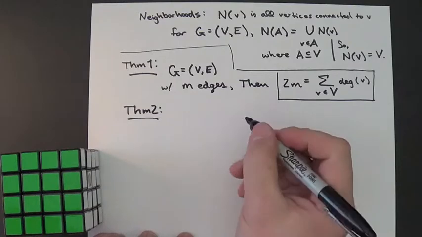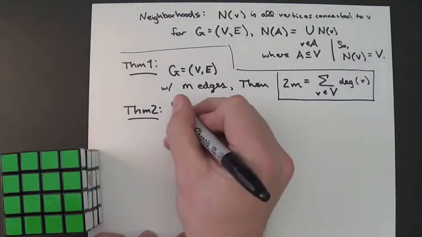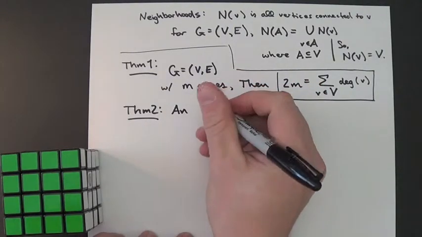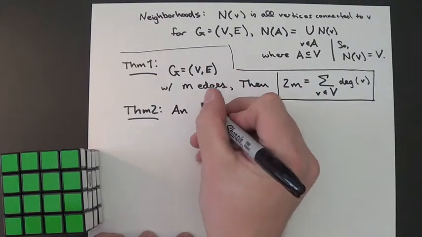Also, Theorem 2. I've already discussed a directed graph, and you'll notice on the previous slide this was an undirected graph.